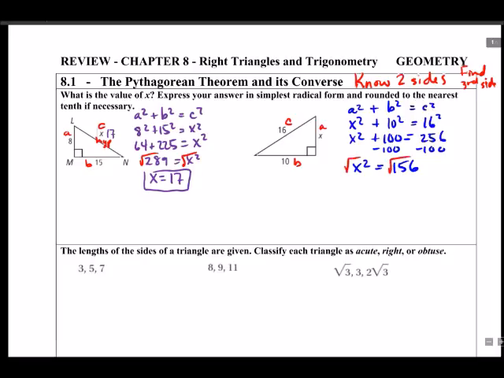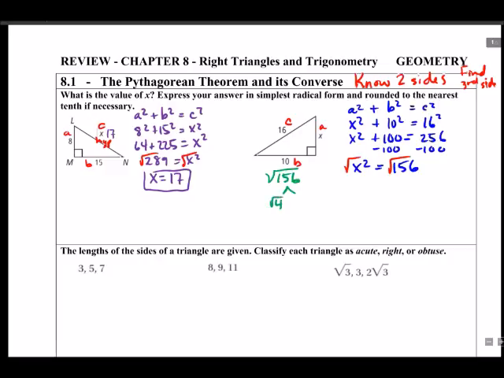And 156 is definitely not a perfect square, so we are going to need to simplify our radical. So we factor out perfect squares. So 156, let's see, does 4 go into 156? Yes, it does.